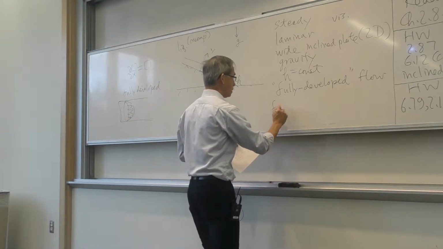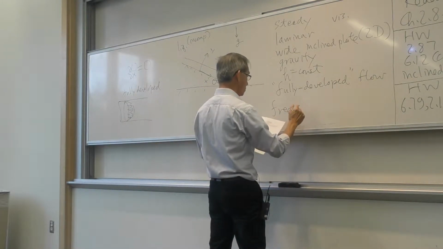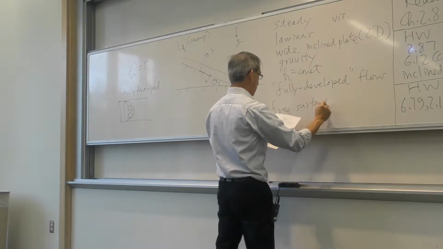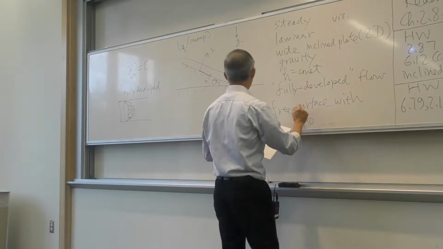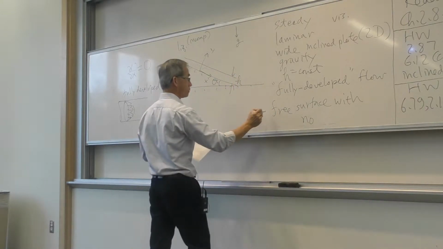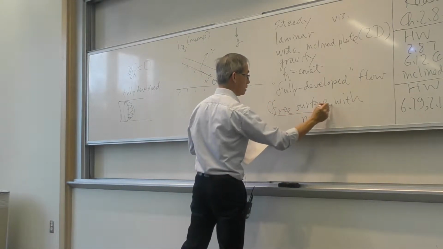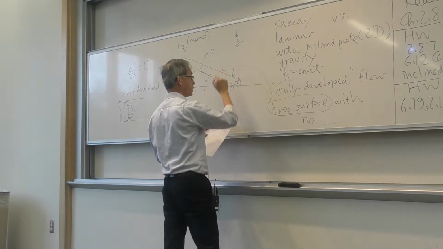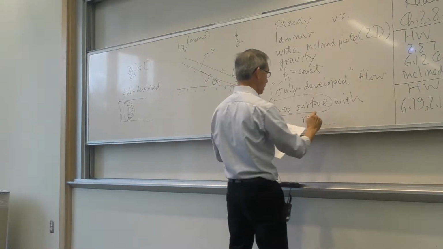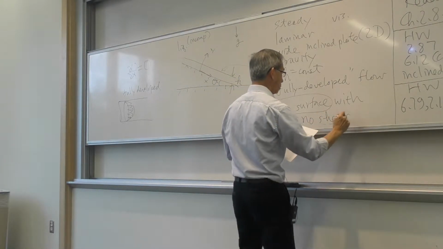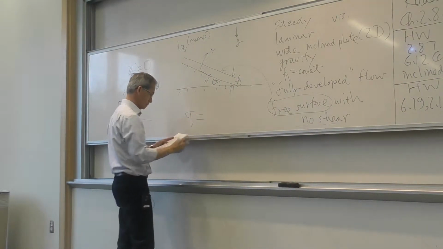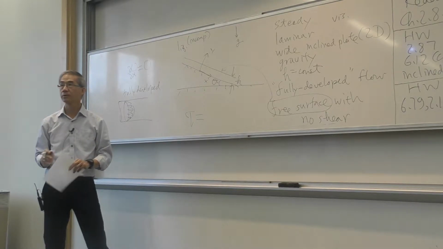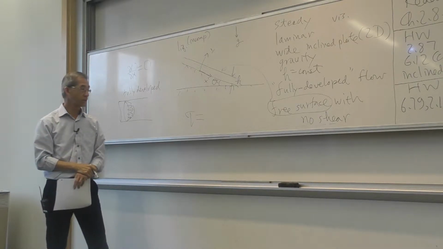The last one is also critical. You say free surface, meaning the water surface here. This is called a free surface. The water surface that's exposed to ambient with no shear stress. Remember what shear stress is defined as? We just went through that in the derivation of Navier-Stokes equation.